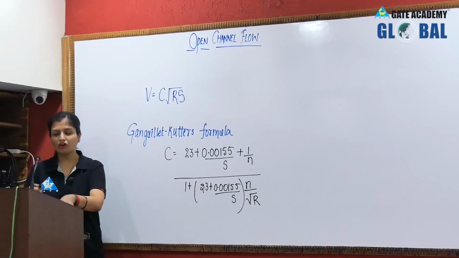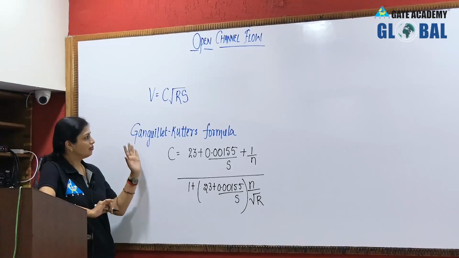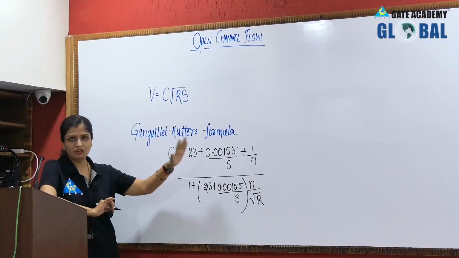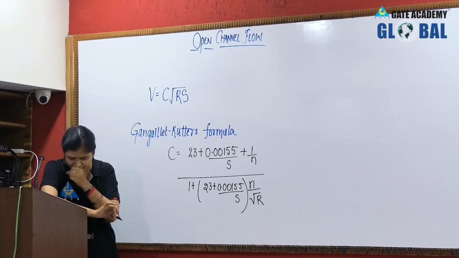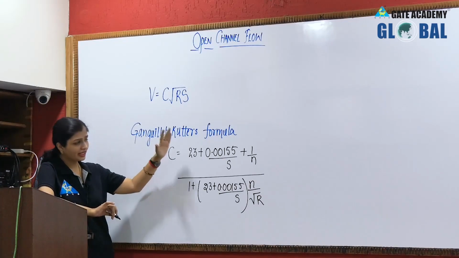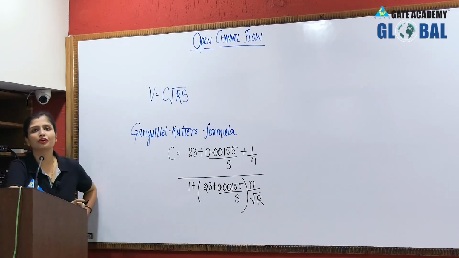This is the whole formula, Ganguillet-Kutter's equation, with the help of which you can compute the value of Chezy's coefficient.